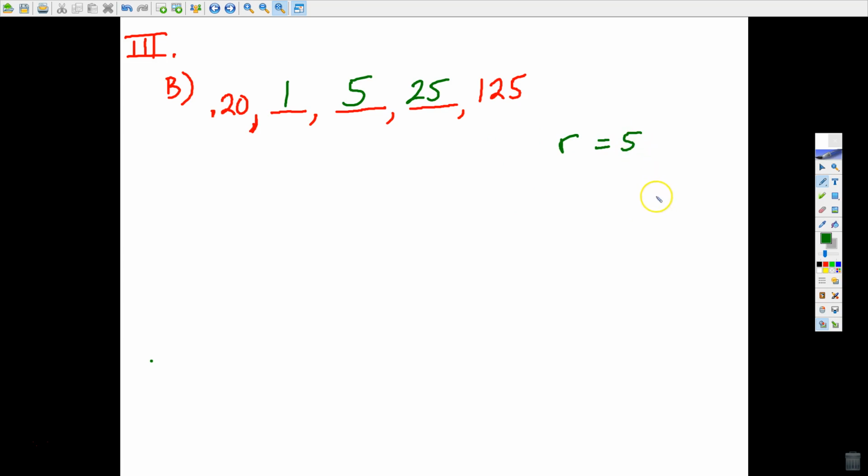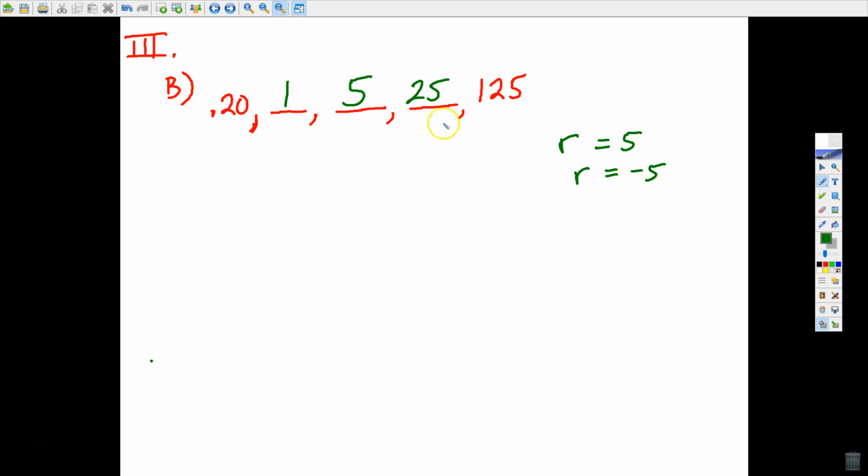Would it be wrong if this were -1, +5, -25? I mean, if somebody wrote that in, would that be wrong? I mean, could that be true? We don't really know. They didn't tell us that R is 5. What if R was -5?